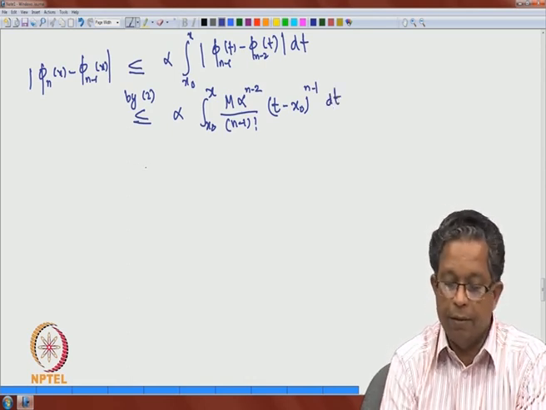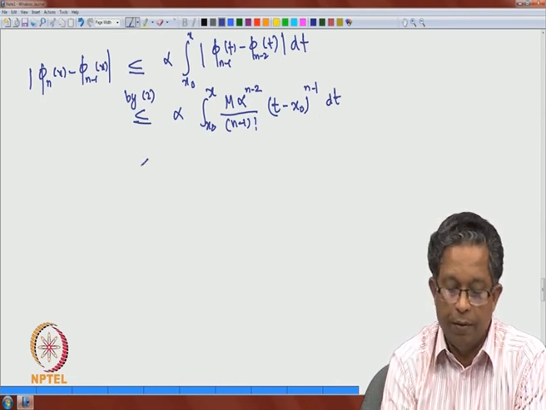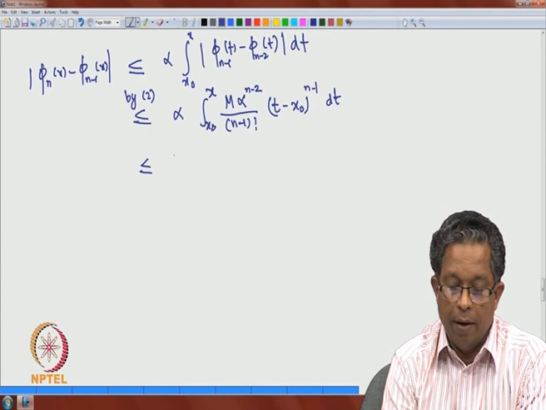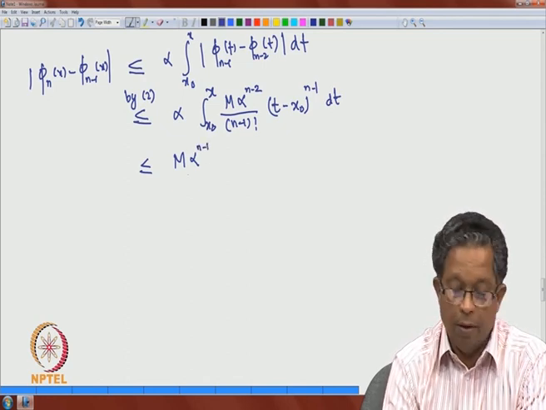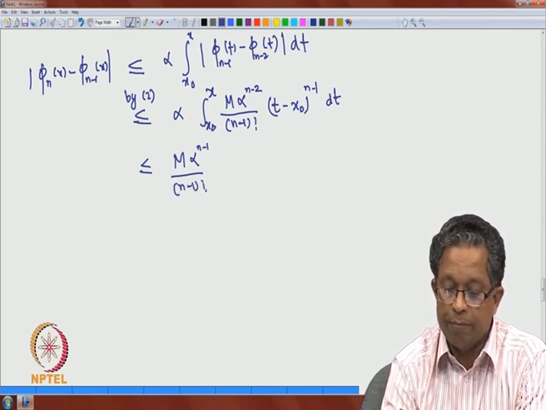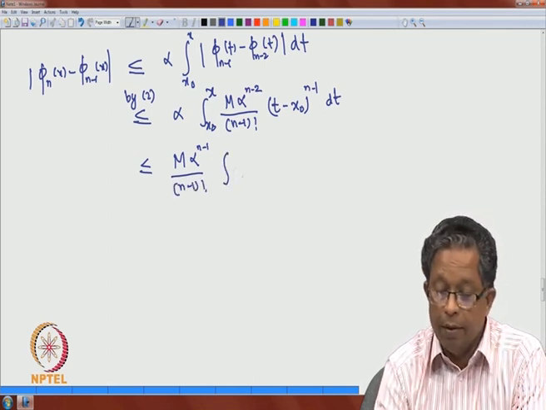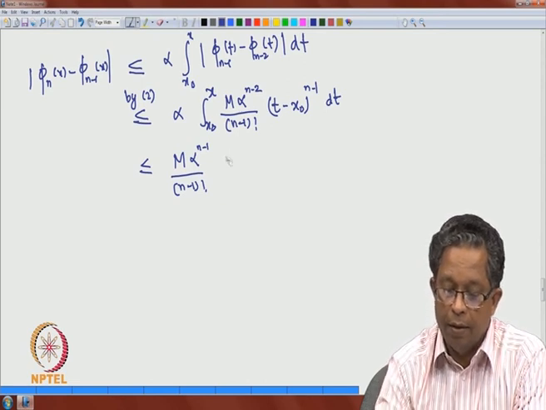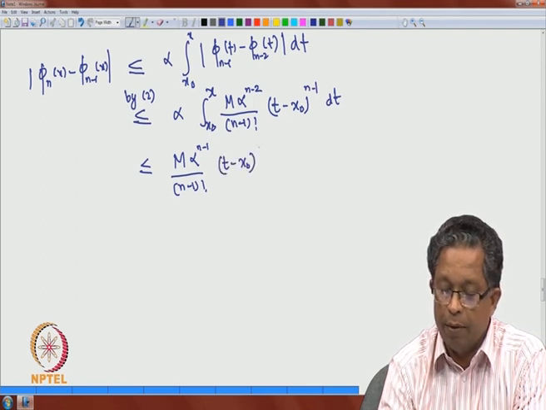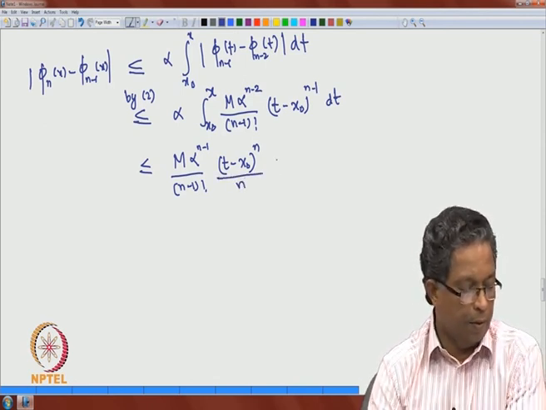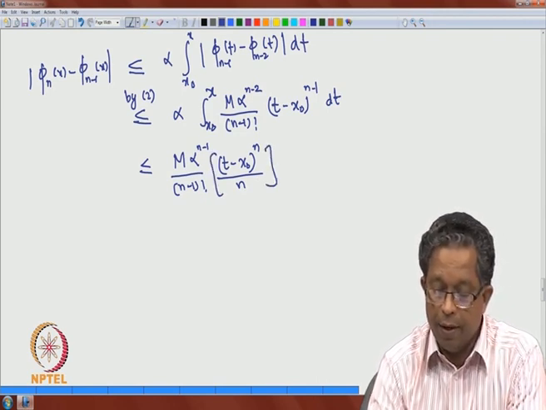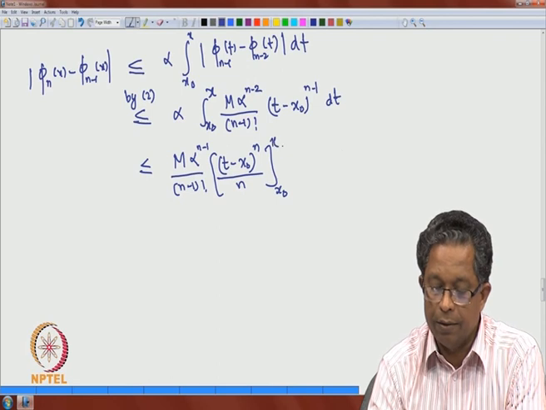If we integrate it with respect to t, this is less than or equal to M into alpha; you can take alpha to the power n minus 1 by n minus 1 factorial outside, then integrating t minus x0, we get t minus x0 to the power n by n, and you have to evaluate it at the points x0 and x.